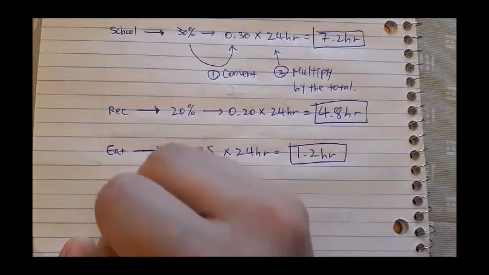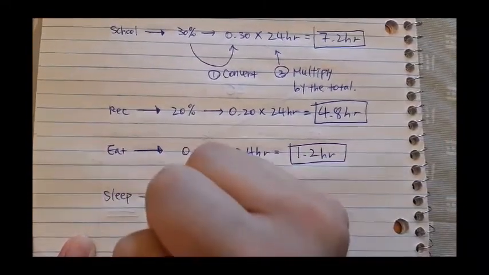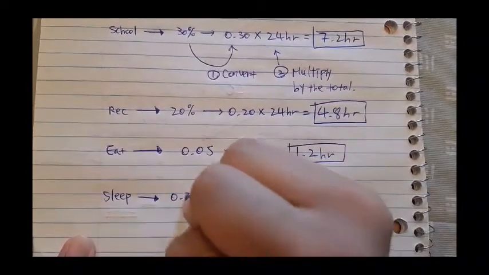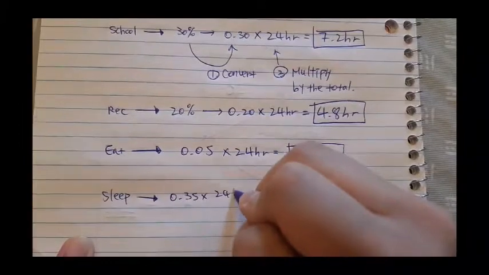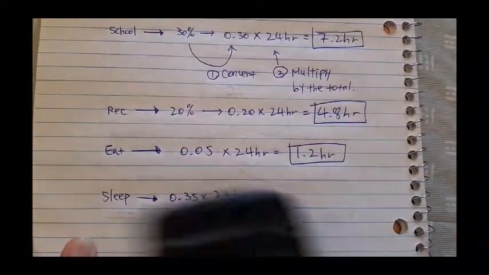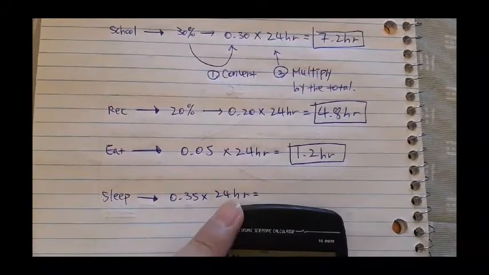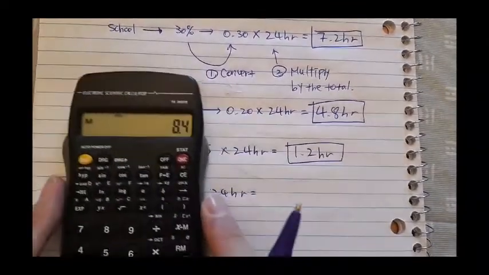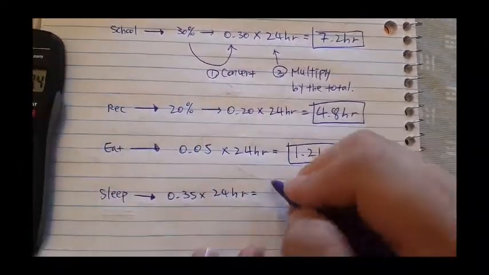Oh, sleeping time, which is 35%, 0.35 multiplied with 24 hours. It provides me 8.4 hours.